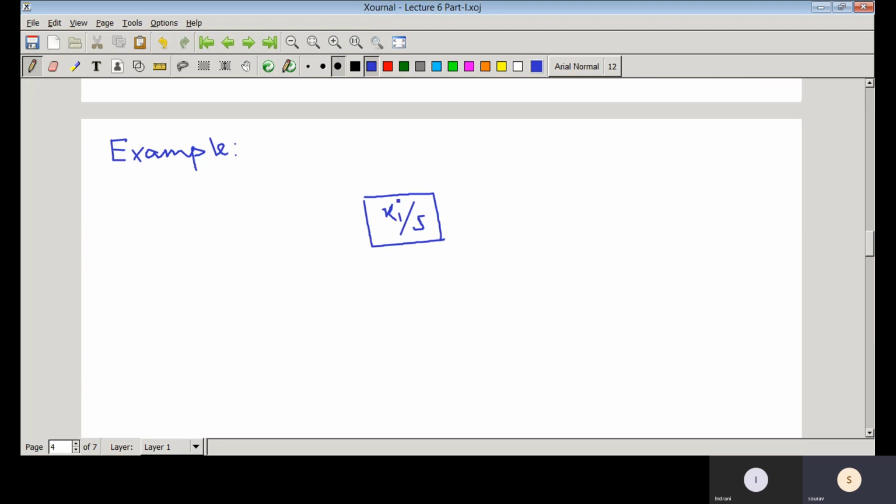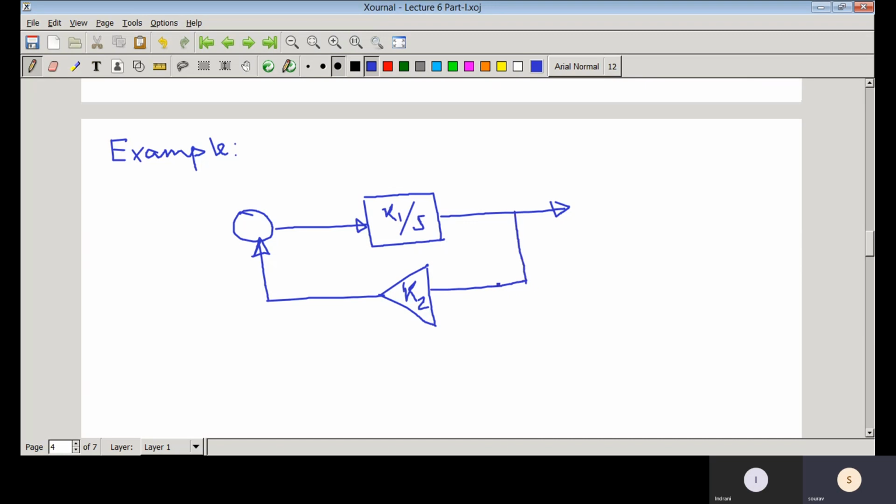This is a pure integrator, and you have closed the loop with a feedback gain K2. Those blocks are available in Simulink. I would ask you to simulate it and see the response. Suppose you have used negative feedback and you have applied a unit step here.